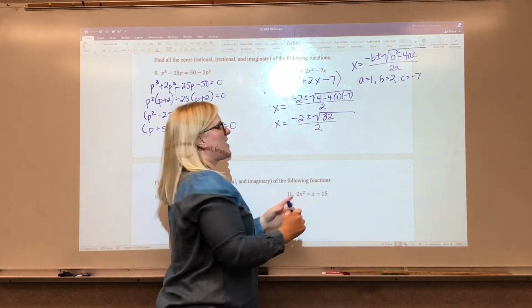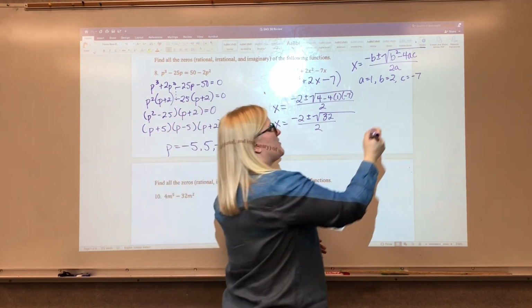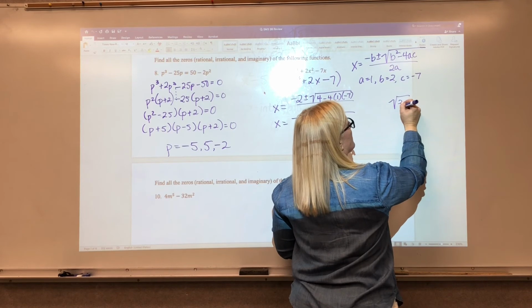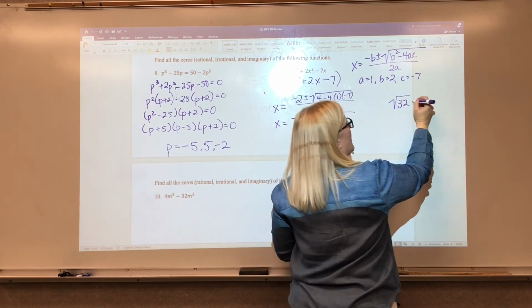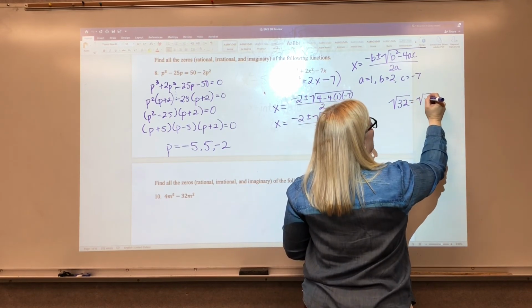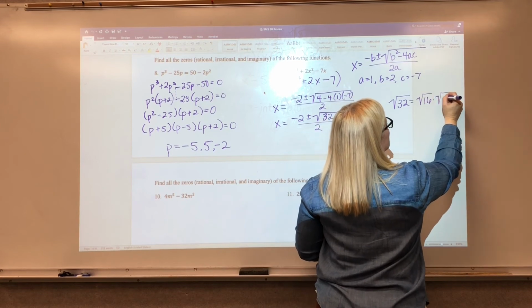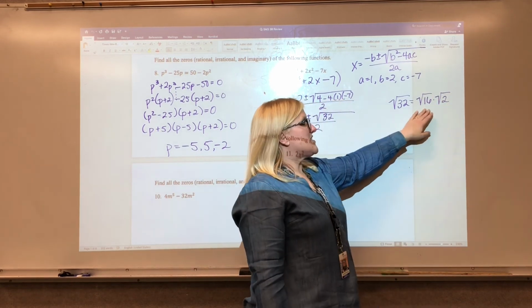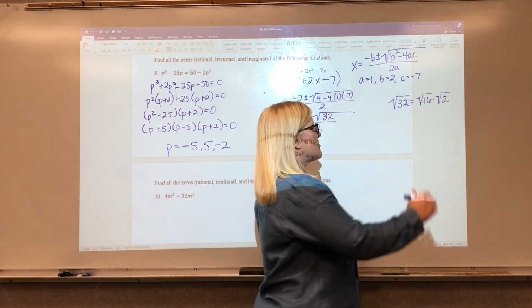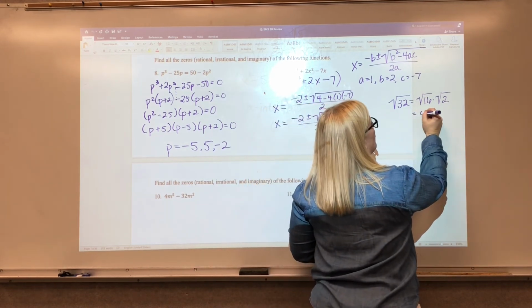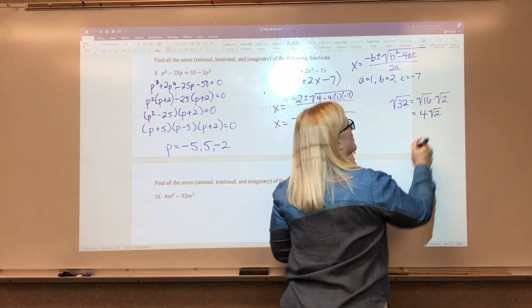And this is where a lot of people got confused. Okay, the square root of 32, we need to simplify that, and it equals the square root of 16 times the square root of 2. And 16 is a perfect square. So the square root of 32 is actually 4 times the square root of 2.